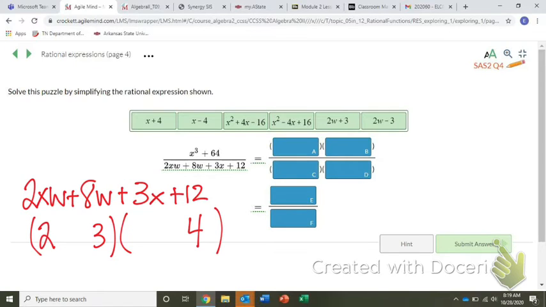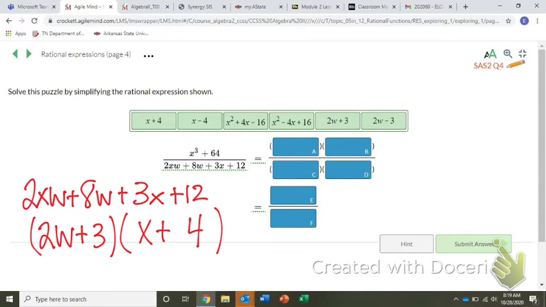What also has a w? 8, okay? So let's just try 2w plus 3, and maybe x plus 4. This is kind of just like a puzzle.